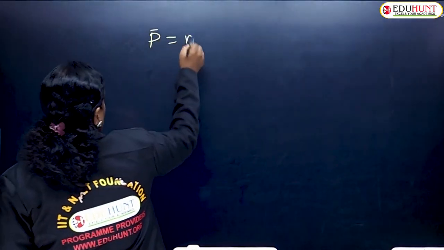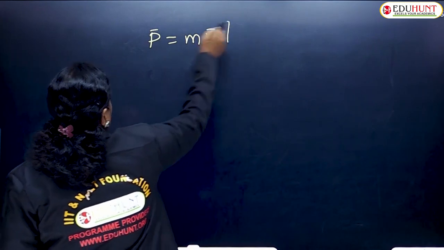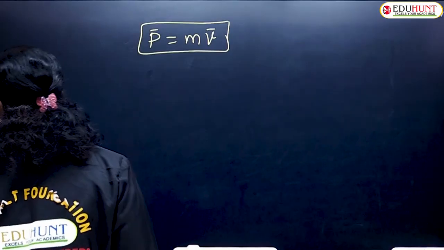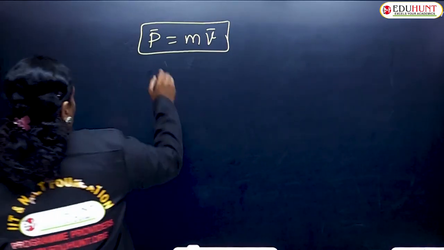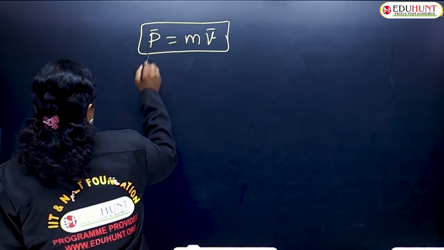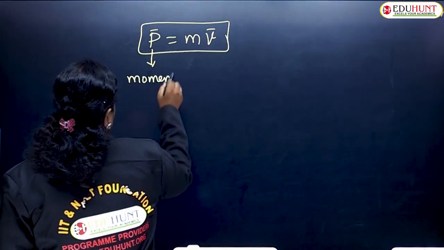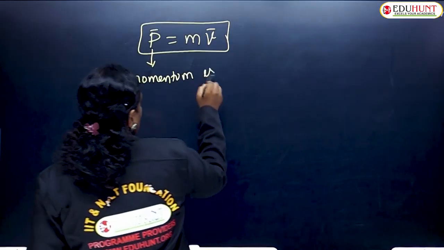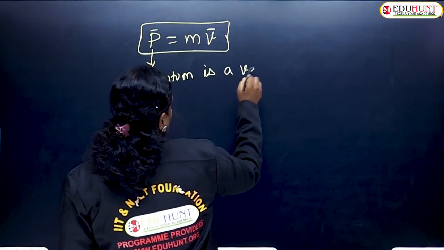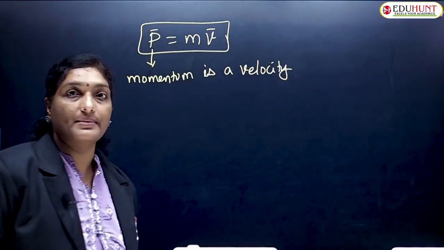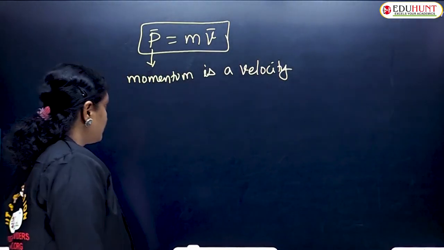P bar equals mv is the mathematical form of linear momentum of a body. Always remember that p means momentum, and momentum is a vector quantity. That means it has both magnitude as well as direction.